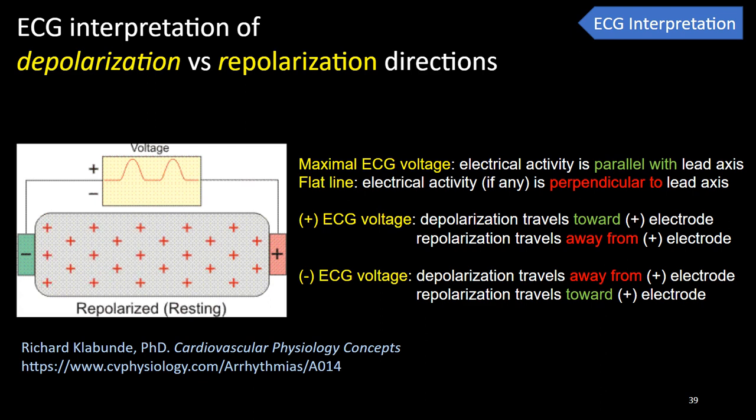Second, a positive ECG deflection means that either depolarization travels toward the positive electrode or repolarization travels away from the positive electrode. Lastly, a negative ECG deflection means either depolarization traveling away from the positive electrode or repolarization traveling towards the positive electrode.